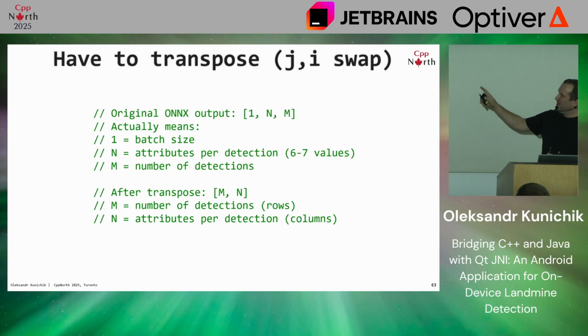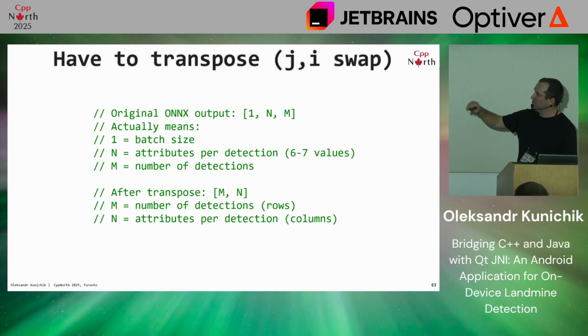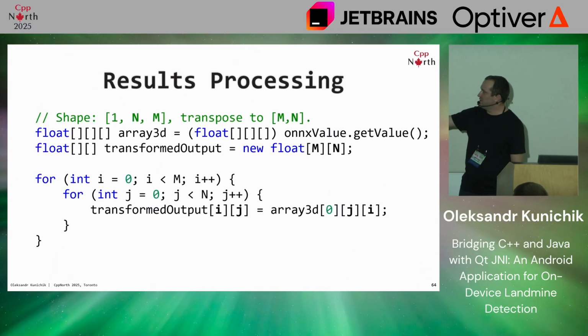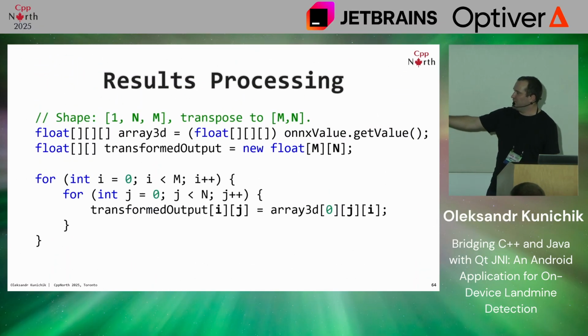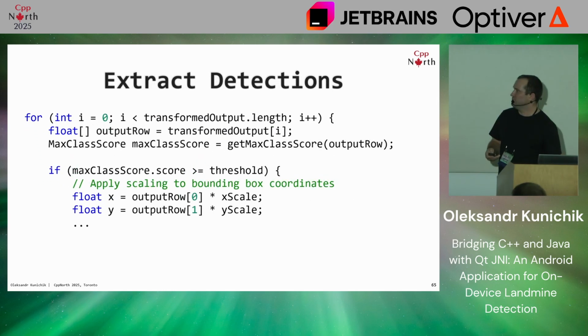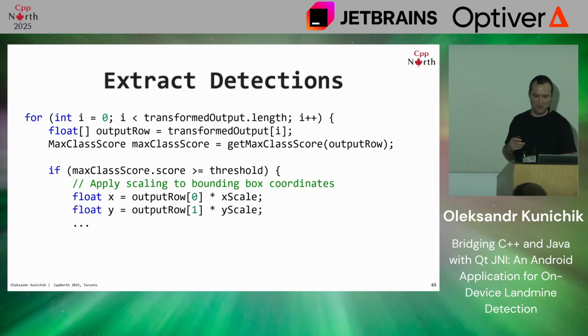One more thing: we have to reorganize the data back because we have a certain input. We have to change the indexes, make it from a 3D array to 2D, to have a more intuitive view of it.